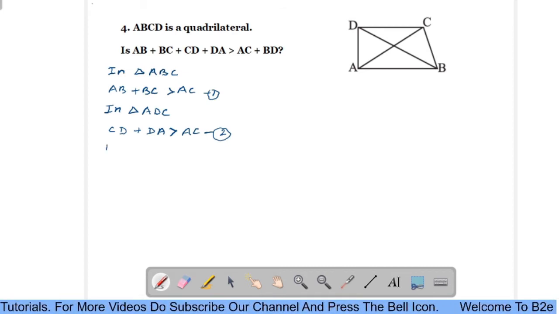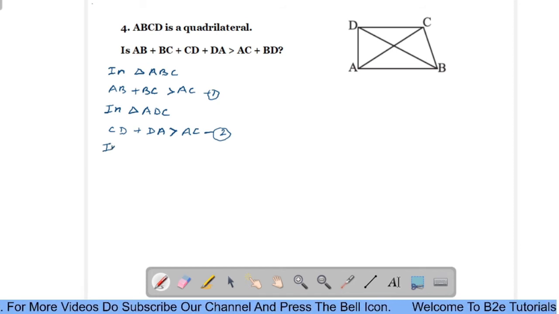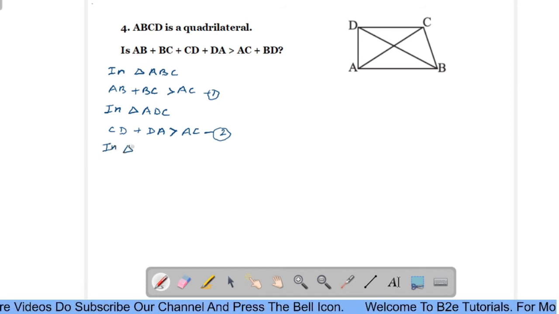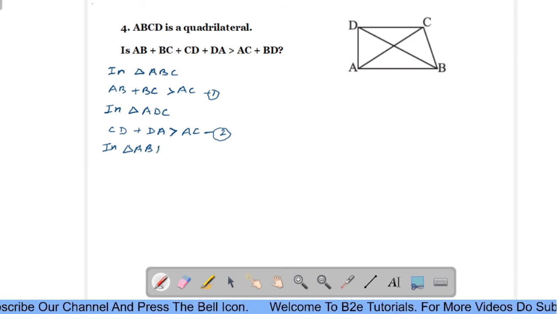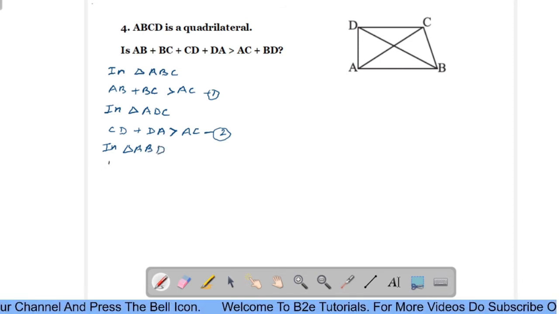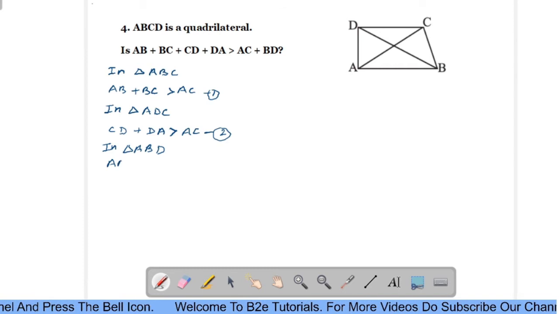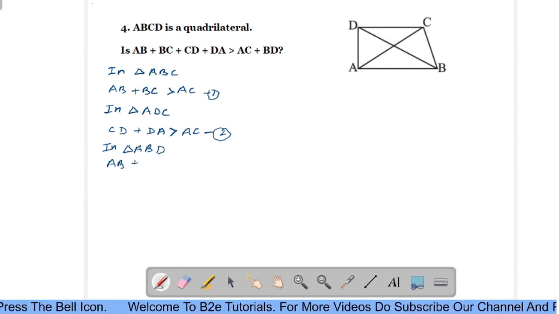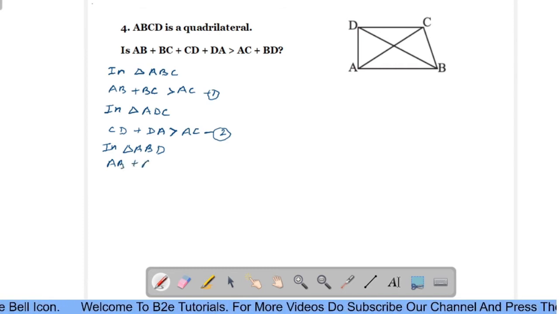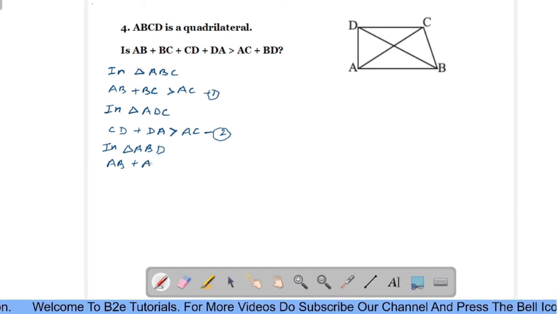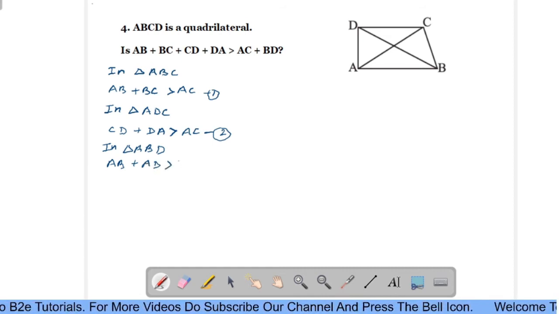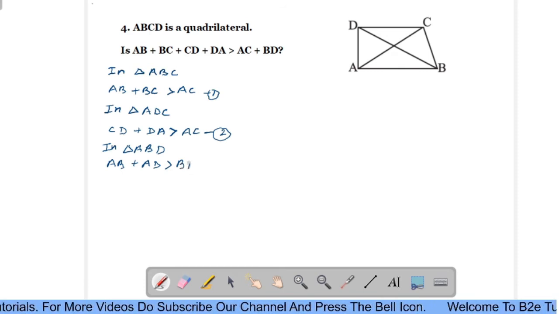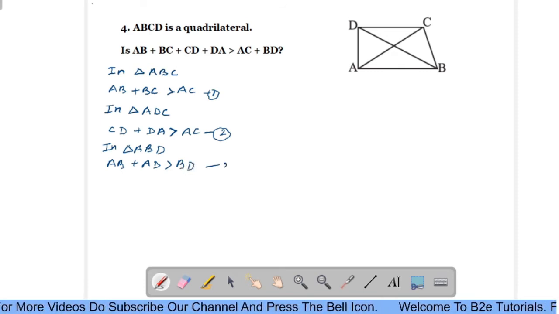In triangle ABD, AB plus AD is greater than BD. This is your third equation.